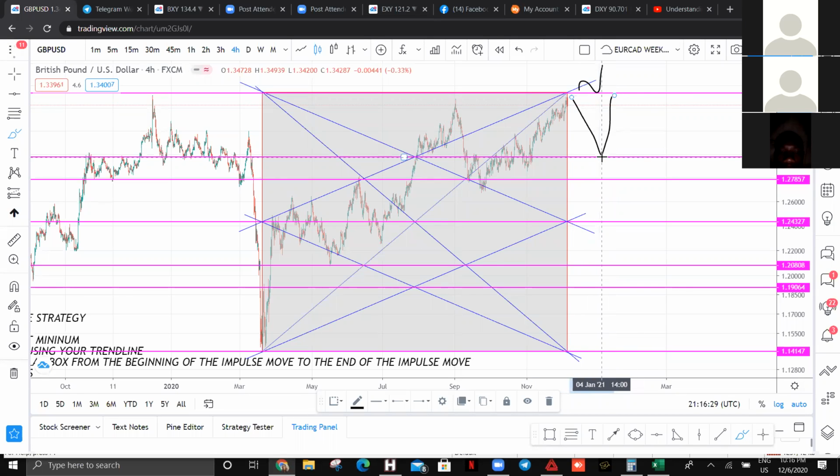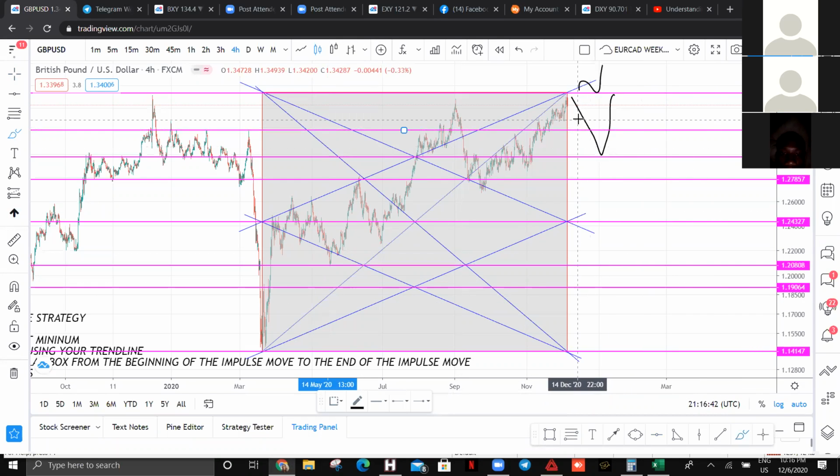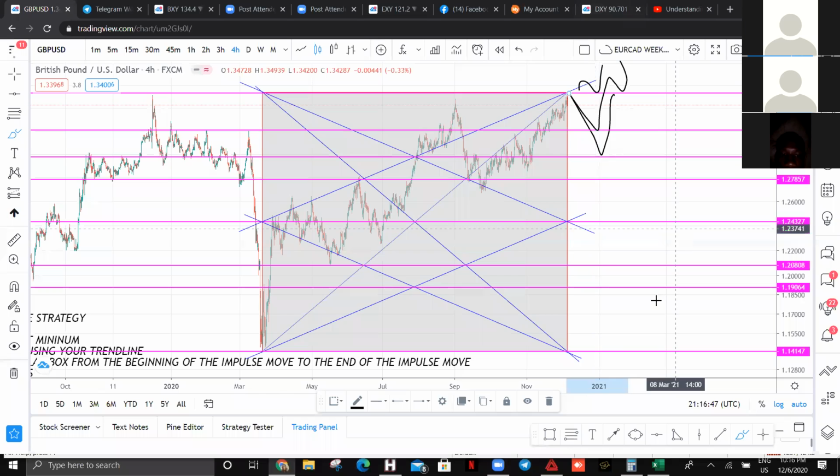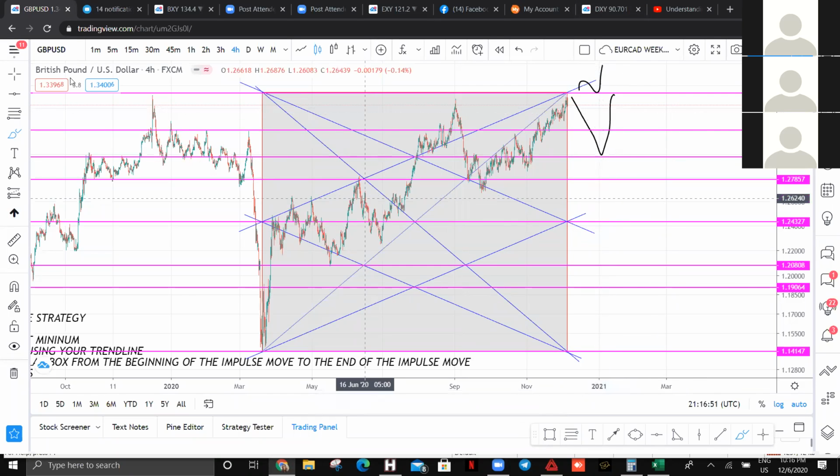Even if it doesn't get to this level, it might stop here because you can see price is respecting a zone here. So there's a tendency that I'm expecting price to come down here, go up, break it, and keep going up. Either way, price must respect those zones, those levels.